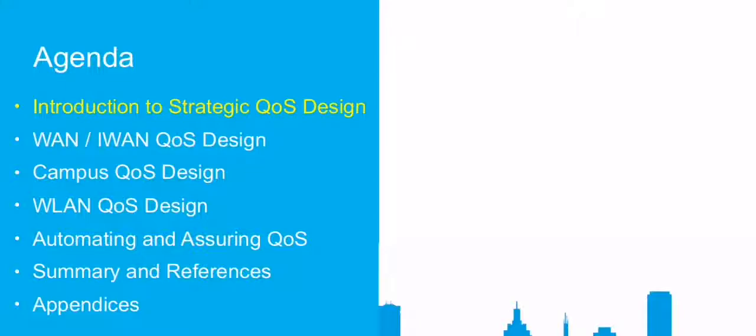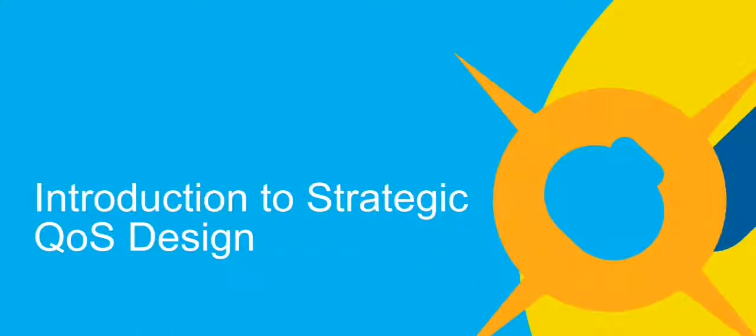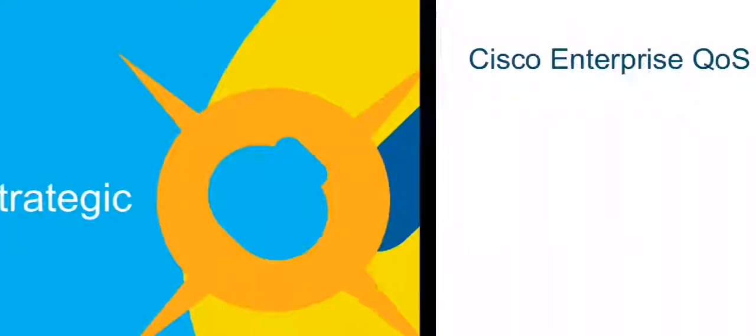What we will pretty much have in terms of the Cisco CCNA certification test is more about the introduction, what we have in the agenda in yellow color. Introduction to strategic QoS design. So that's what we'll be reading right now, just the introduction to get an idea of how it works.